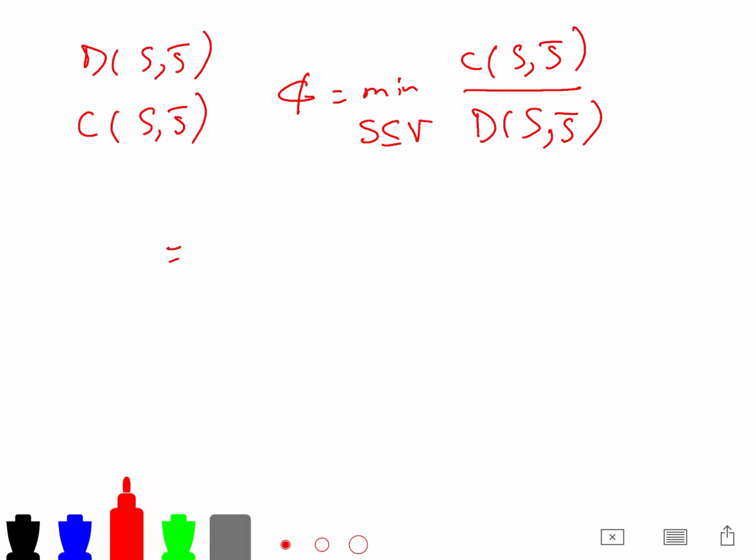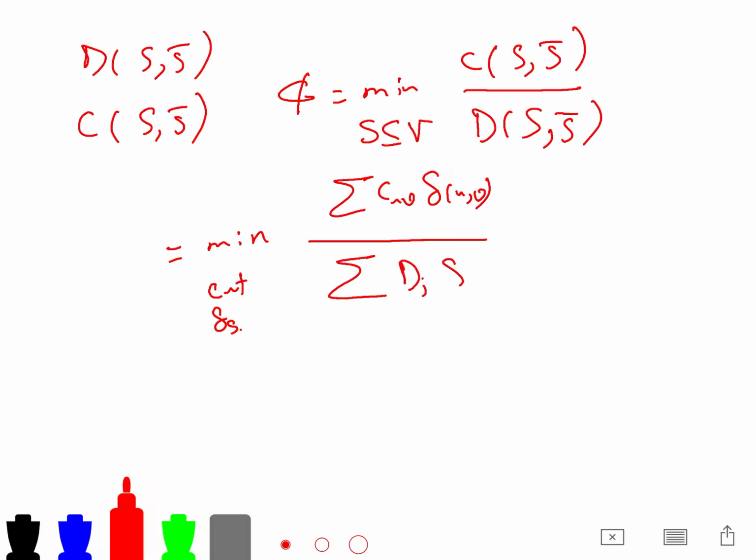And this is equal to the minimum over all cut metrics delta S of the sum of CUV delta UV over the sum of DI delta S, SI and TI.